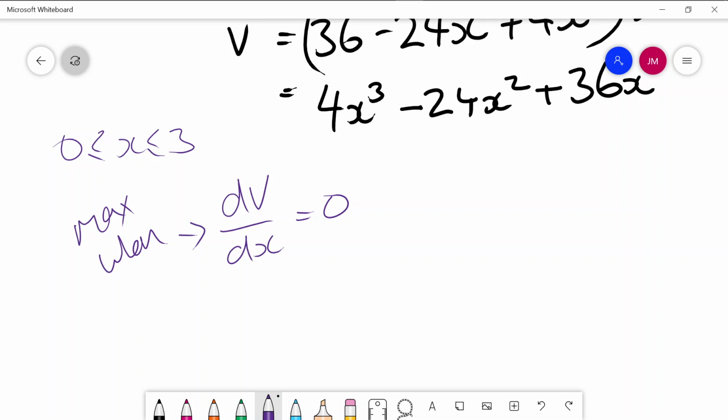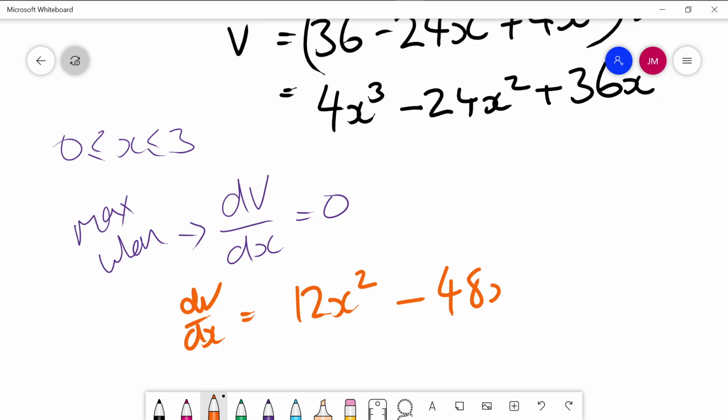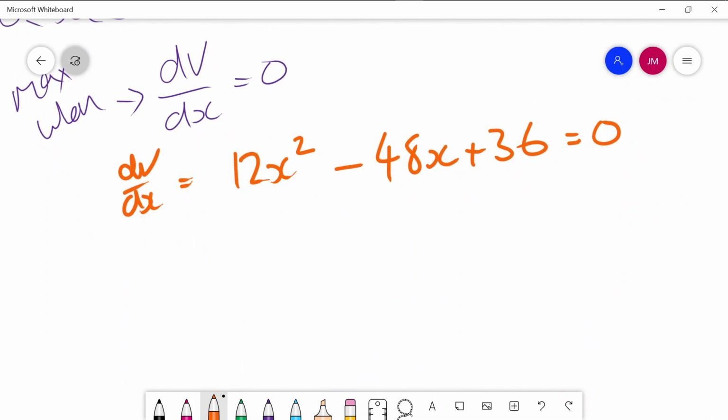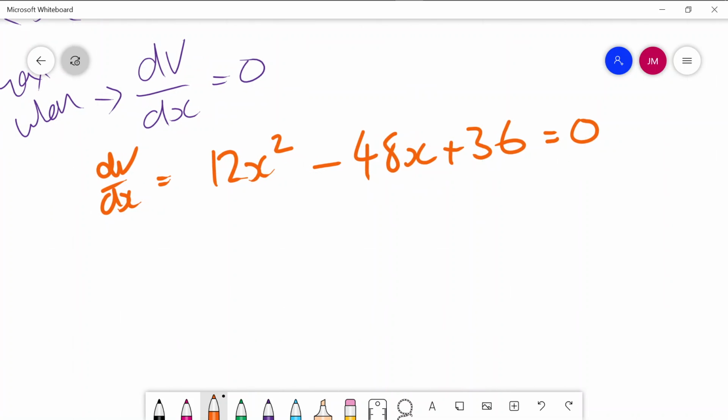So dV/dx equals 0, let's solve it. So first of all, let's find our derivative. So dV/dx is going to be 12x squared minus 48x plus 36. Solving that equal to 0. And you go, oh, that looks like a very mean non-monic trinomial, but we've got a factor of 12 through all that. So let's divide all of those by 12.